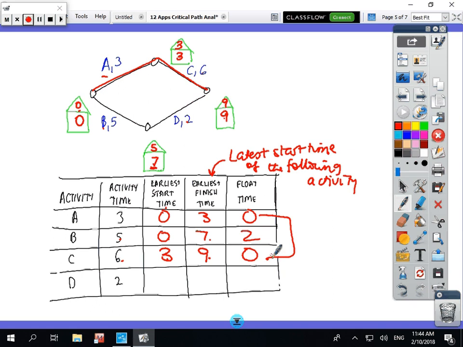Activity D, the earliest it can start is at 5 minutes and the finish time is 9 minutes, so 9 minus 5 minus 2 is 2. So activity D and activity B both have a float time of 2 minutes. The latest start times are these numbers underneath. Okay, come across when you're ready.